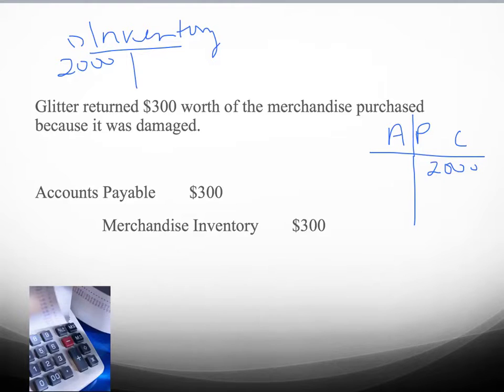We're returning the merchandise. That means we're no longer responsible for paying for that because we're returning it, and we no longer have it in our inventory. Here you can see I've debited the accounts payable to take the $300 off of my amount that I owe, and I have credited the inventory account to reduce that amount from our inventory since we took it out and sent it back.